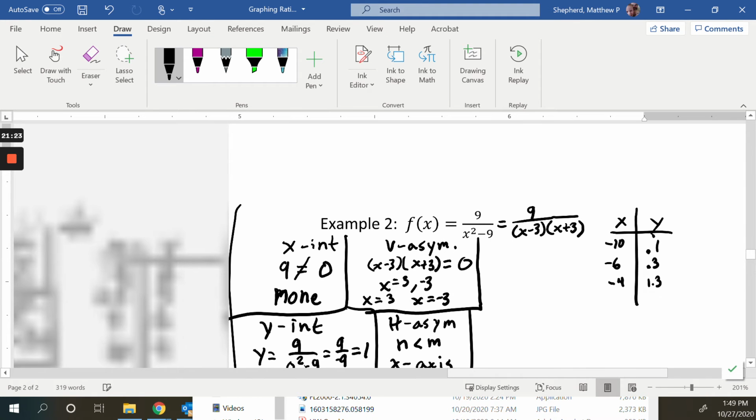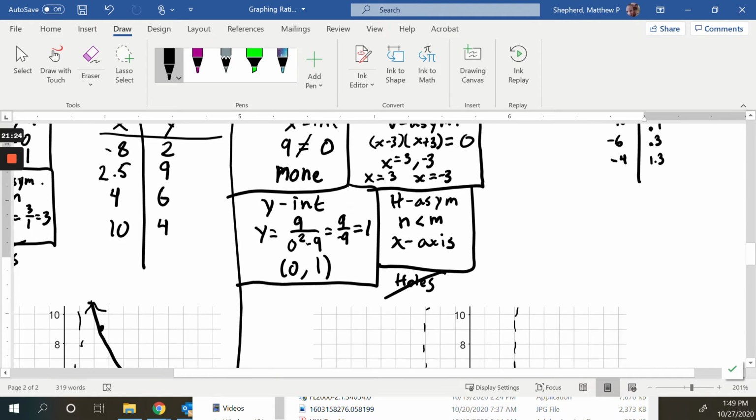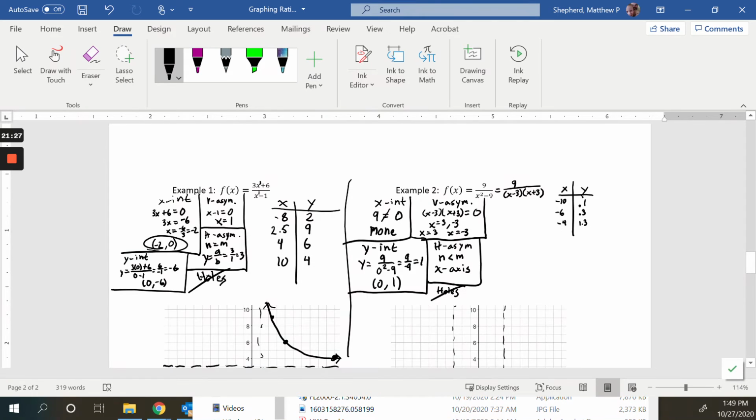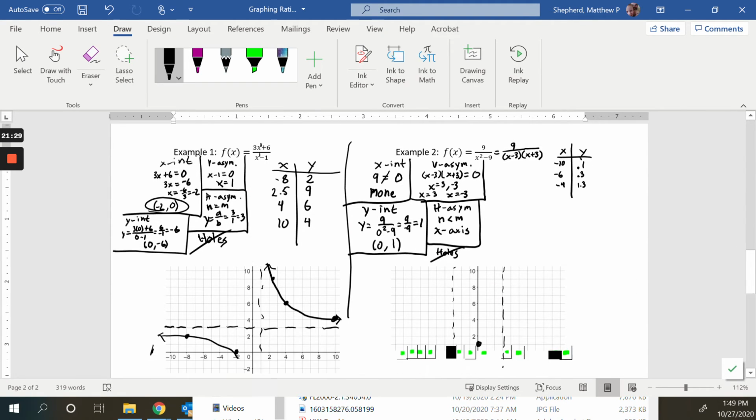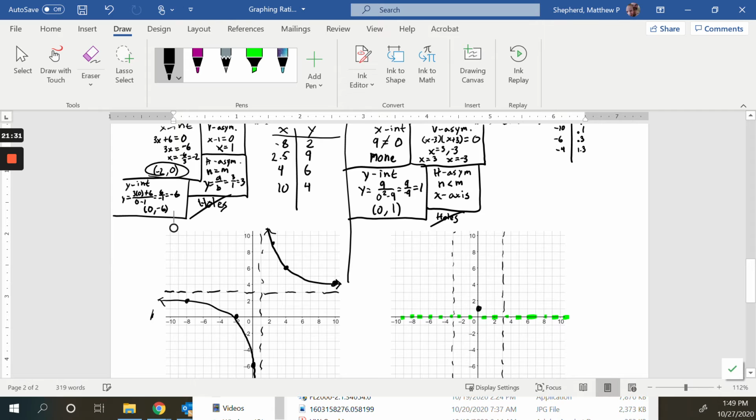So there are the first 3, and I want to use those to put into the graph. So at -10, I should be at about a 0.1. That's going to be just barely above the line. At a -6, we should be at about a 0.3, still not very much above that line.